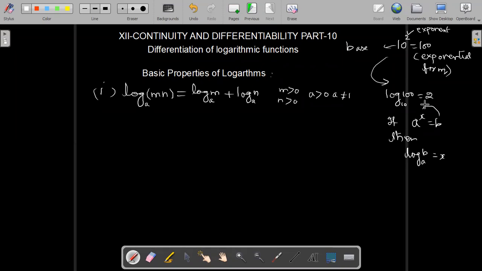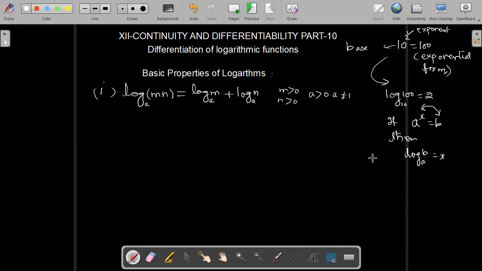These two will be interchanged: this will come here and this will go there. This is also a base on the left side, but it is the base for the exponent. So it is read as log b to the base a is equal to x. That is the definition of log.